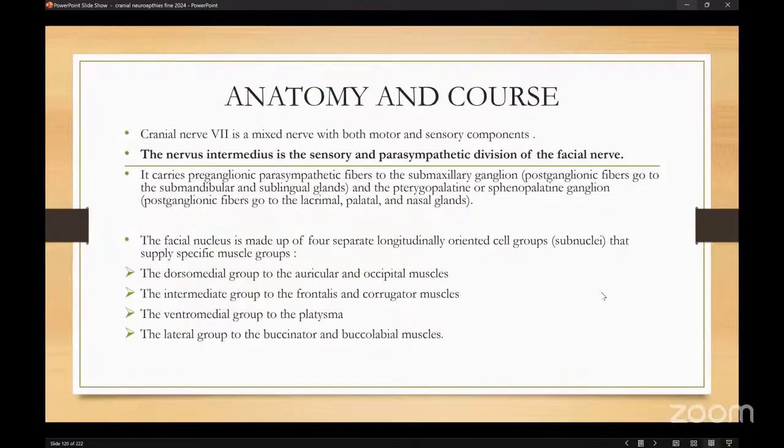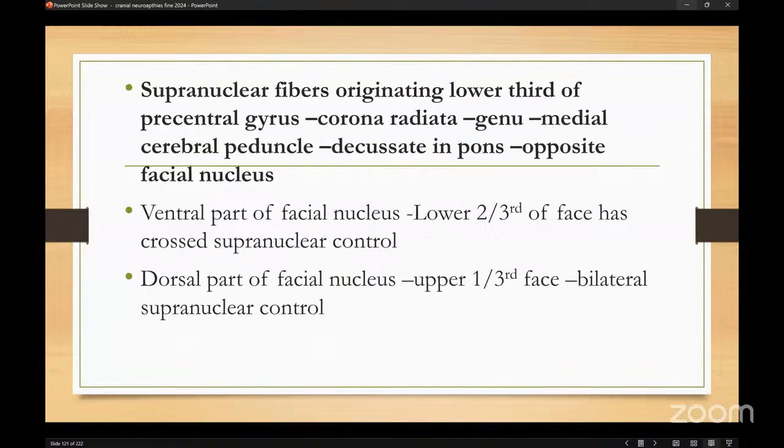Okay. So the facial nerve anatomy, I think everybody is aware. The seventh nerve is not pure motor, it is a motor plus sensory component. Nervus intermedius is the sensory and parasympathetic division of the facial nerve, carrying the parasympathetic fibers for the submandibular and sublingual glands and the sphenopalatine ganglion, then going to the lacrimal glands.